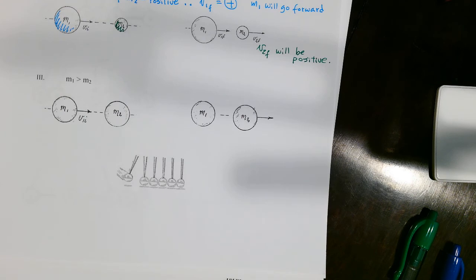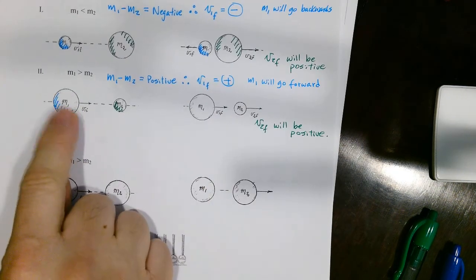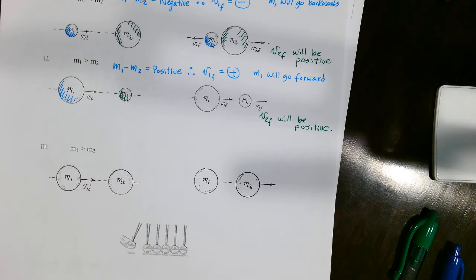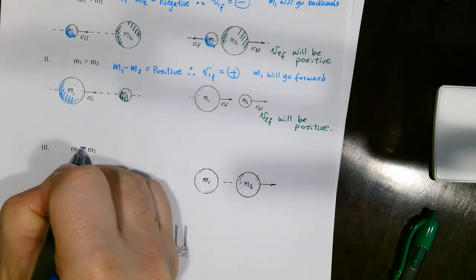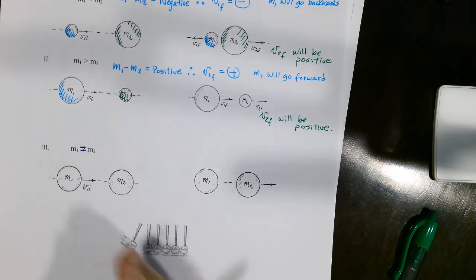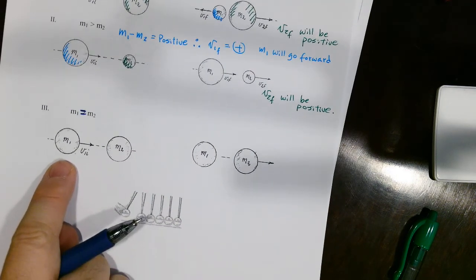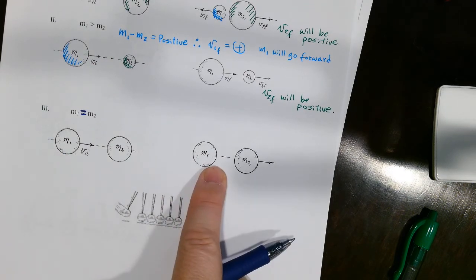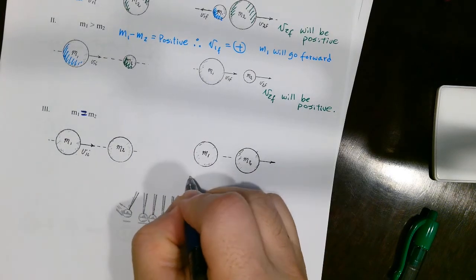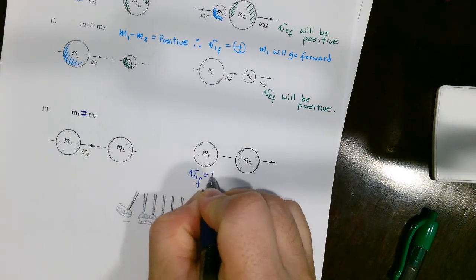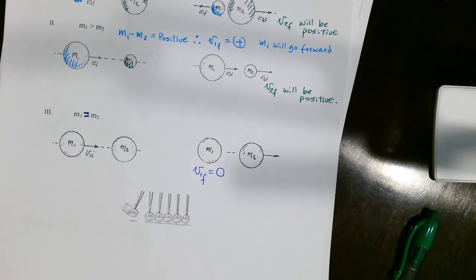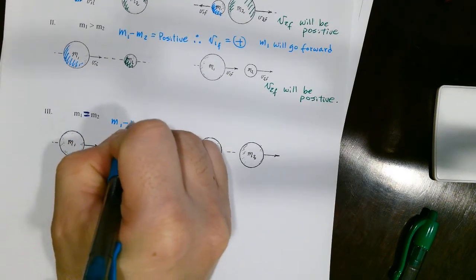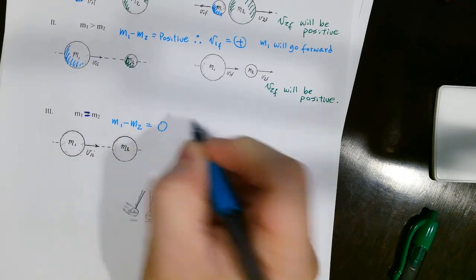All right. So when M1 is bigger than M2, this is what happens. Now, what happens when M1 is equal to M2? We already saw what happened. I already showed you a demonstration that M1 is going to stop. So V1 final goes to 0, because M1 minus M2 is equal to 0.